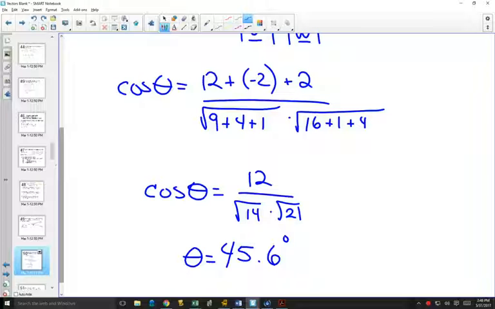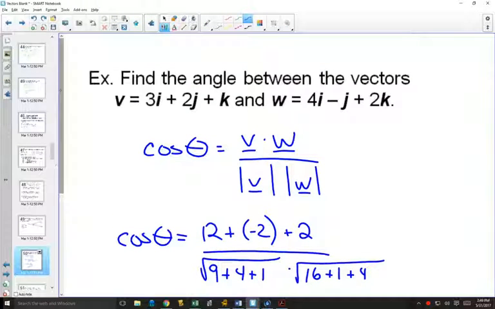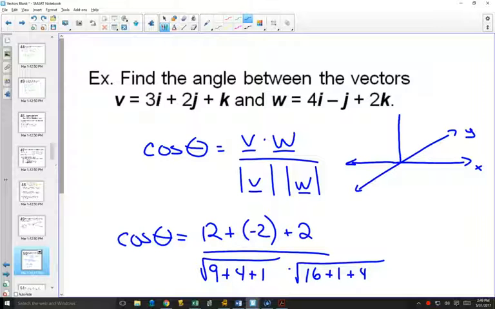So geometrically, if we think about what we have just figured out, we're going to try and draw this. This is going to be my x-axis, this is my y-axis. There's my z-axis. So I have the vector 3, 2, 1. So that would go 3 in the x direction, 2 in the y direction, and 1 unit up.